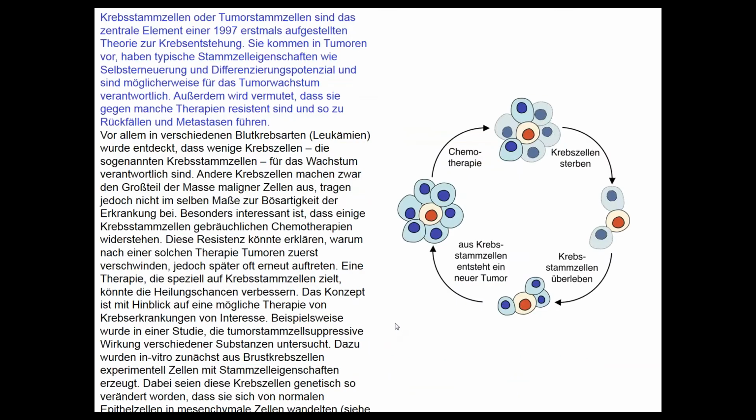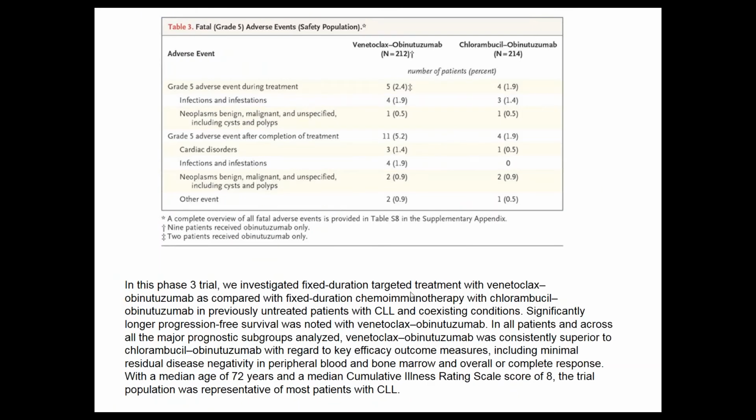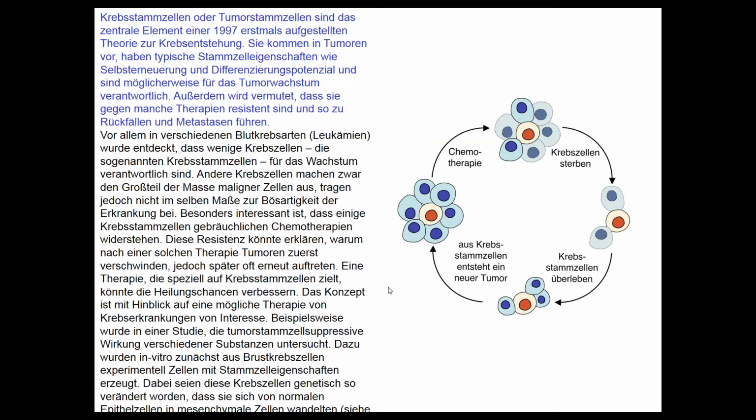And I've forgotten exactly what the problem is, I think it has to do with neutropenia, and you'll have to check that one out on your own. But I think the treatment all in all was pretty well tolerated. Longer progression-free survival, superior care, median age of these patients is 72 years. So it looks like a pretty good deal.